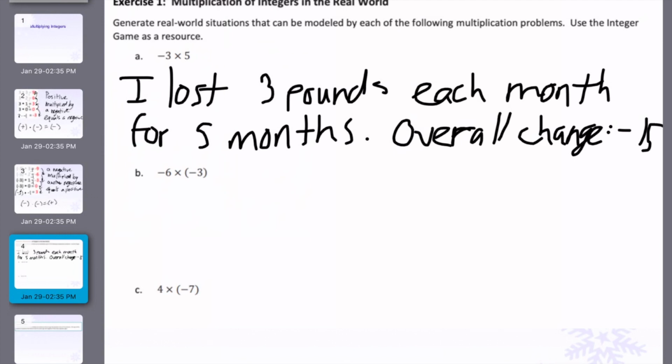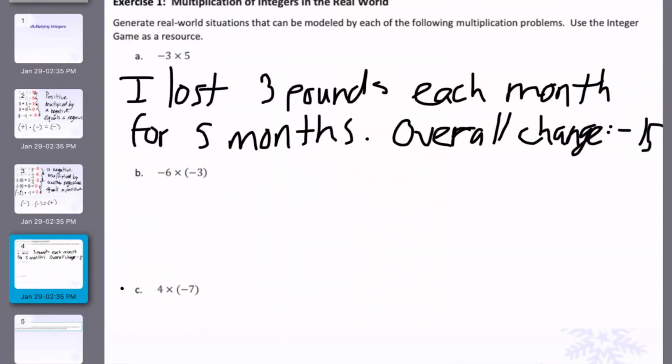Negative 6 times negative 3. Now, a negative times a negative, when we're thinking about it in the real world, can actually be pretty difficult. But we need to think about negative signs as like taking away, sort of like how we were thinking about negatives when we were adding or subtracting negatives, taking away weight or other things like that.